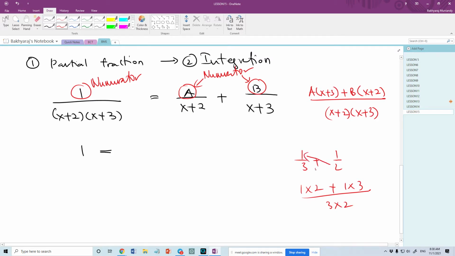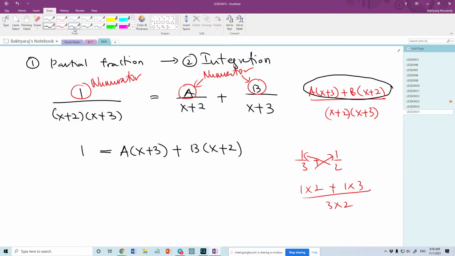I cross multiply these two, right? Same thing I apply here. So when I multiply, this is now my numerator. So I put here A(x plus 3) plus B(x plus 2). It means I cross multiply: this times this, and that times that, and we make it equal to 1.